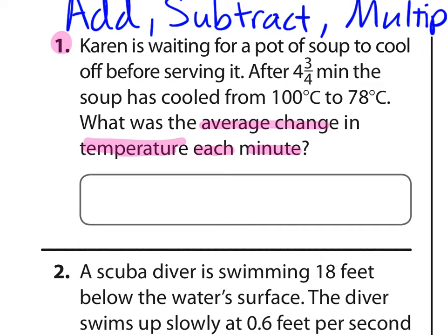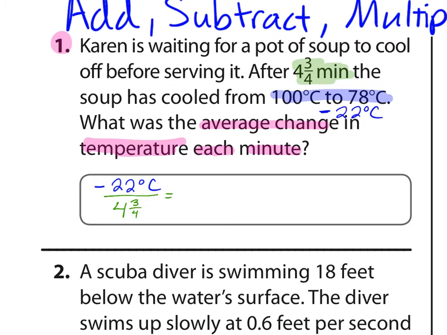So we're going to find what the total change was. From 100 to 78 degrees, it went down 22 degrees Celsius. So it went down 22 degrees Celsius, and that was over a span of time of 4 3/4 minutes. So let's divide by 4 3/4.